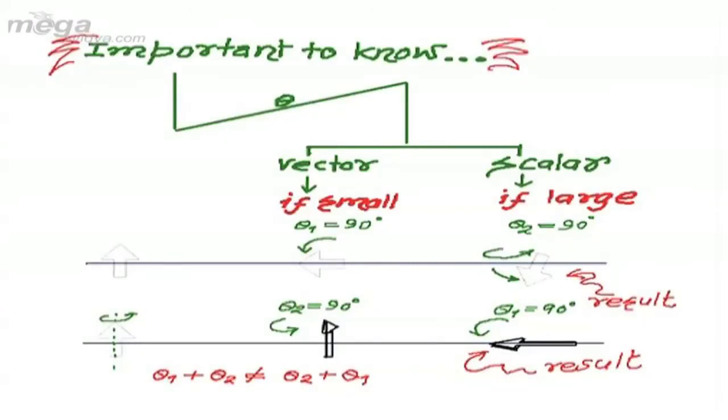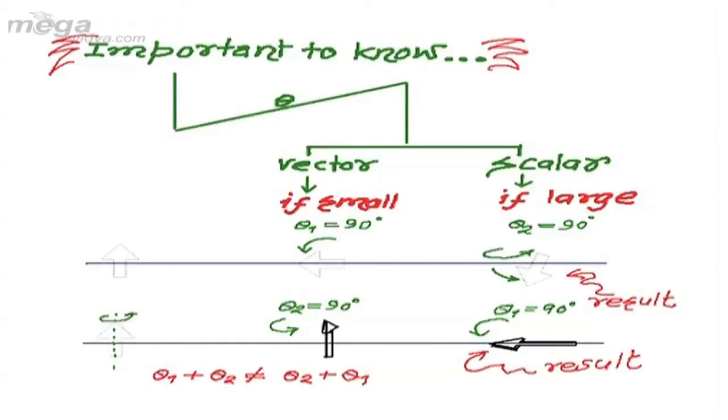If we take small angles, say 2, 4, 5 degrees, then the result comes out almost the same. You can perform this. So for small angles, this relation holds true, that theta 1 plus theta 2 is equal to theta 2 plus theta 1.